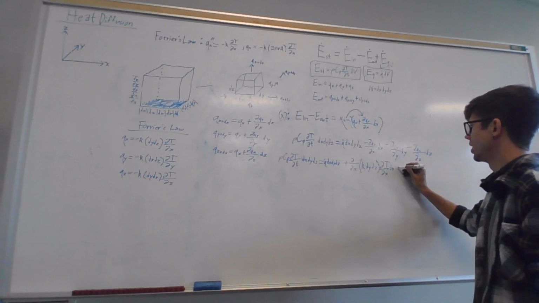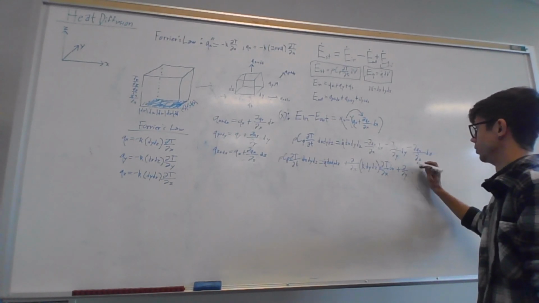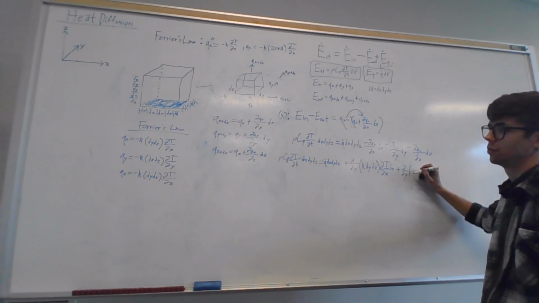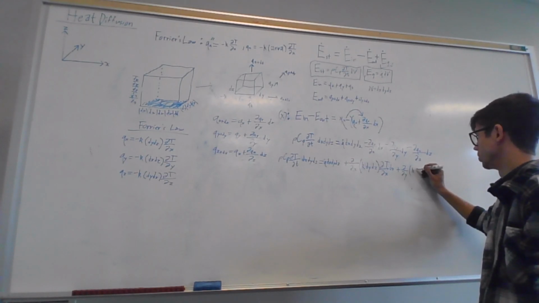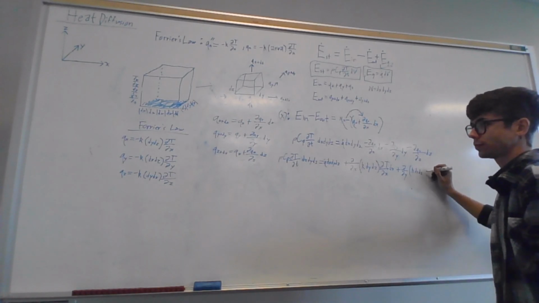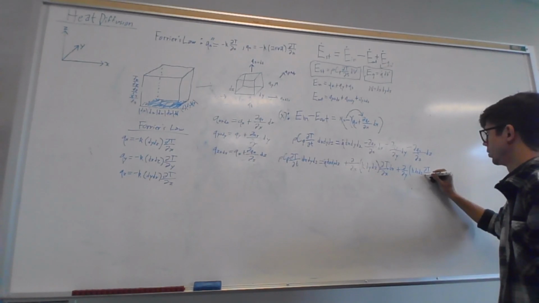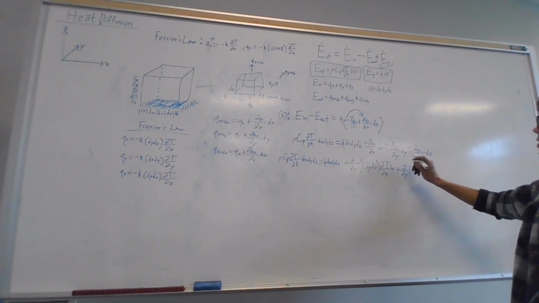The same thing with y, negatives cancel out. I have the partial derivative with respect to y, of our expanded Fourier's law, k times the plane it goes through, dx dz, times the partial derivative of temperature in the y direction and dy.